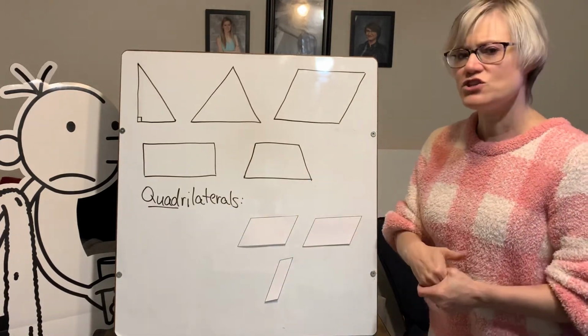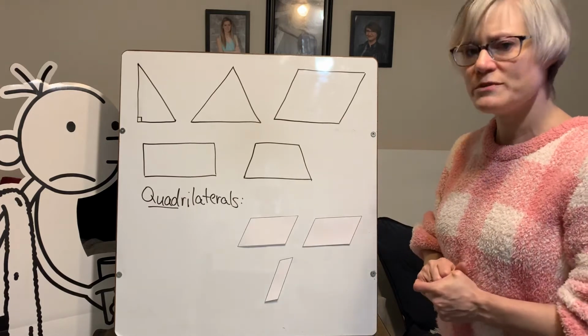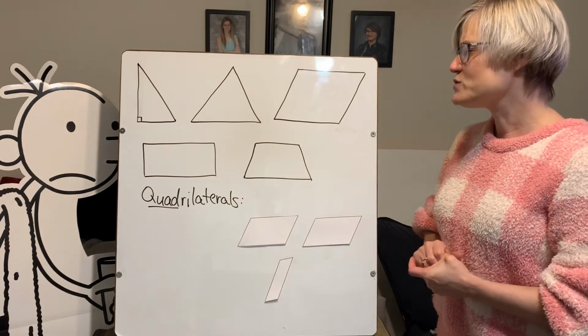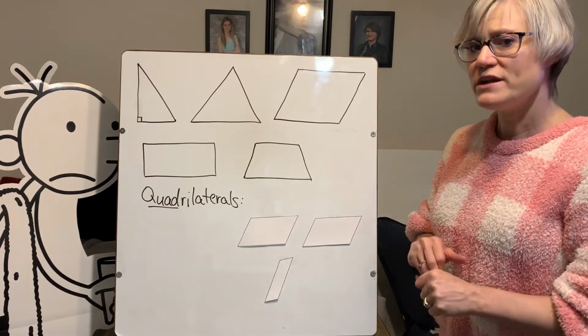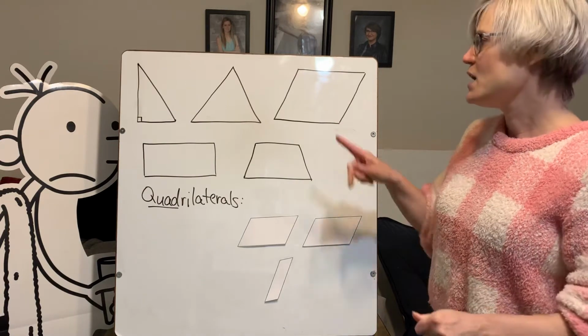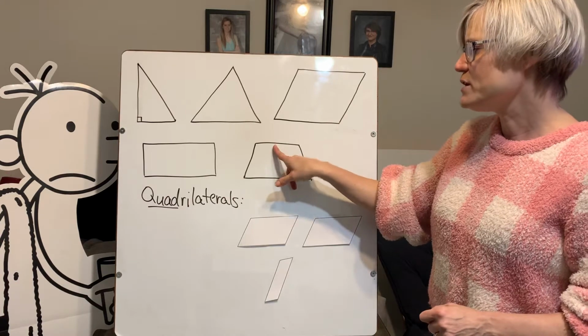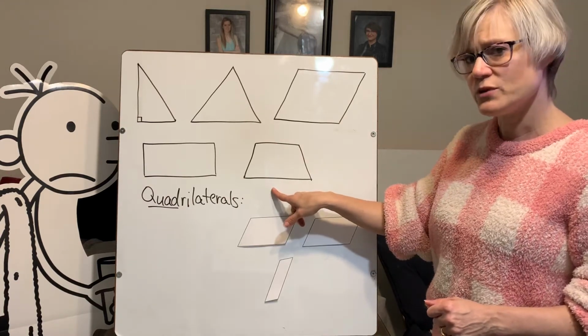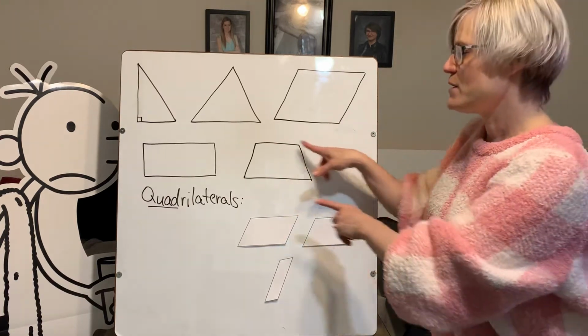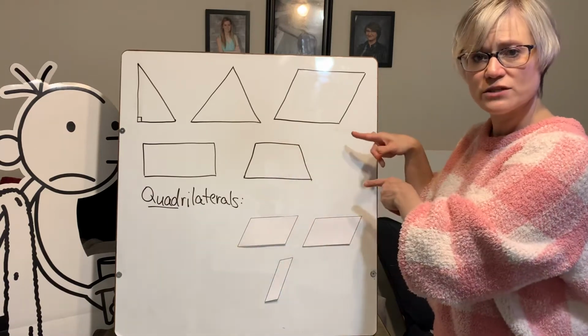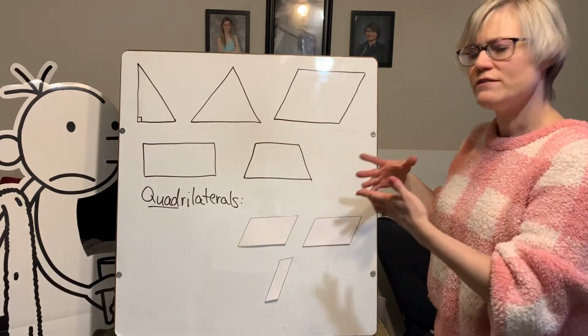All right, and the last shape that we have is a trapezoid. And a trapezoid has one set of parallel sides, unlike the parallelogram, which has opposite sides parallel. So here the top and bottom of the trapezoid are parallel. If they went on and on forever in each direction, they would never touch.